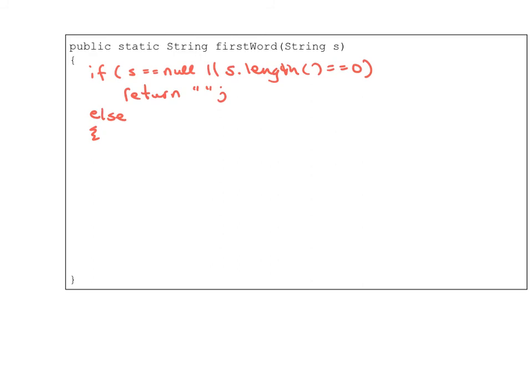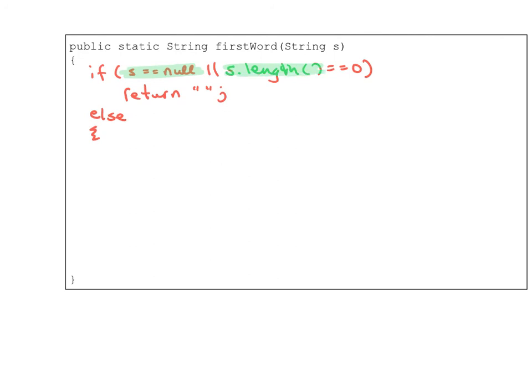I just want to show you that this first if statement is an example of short-circuiting. Because remember, with an or statement, if the first part is true, it's not even going to do the second part. And if it's null, you really don't want to do the second part, because you would be trying to take the length of a string that doesn't exist.